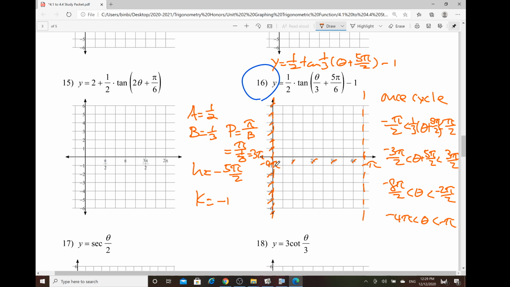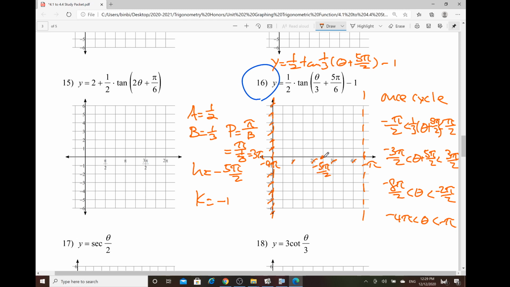And then half of the distance between negative 4 pi and negative pi, that'll be negative 5 pi over 2. So halfway through. Okay, right here, negative 5 pi over 2.